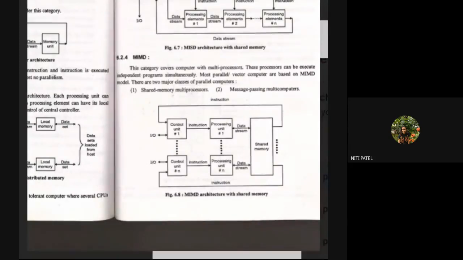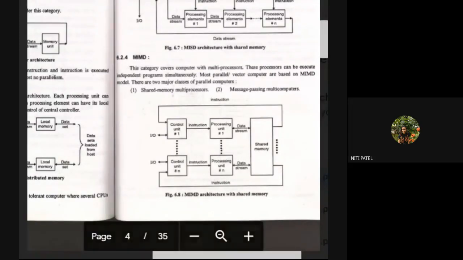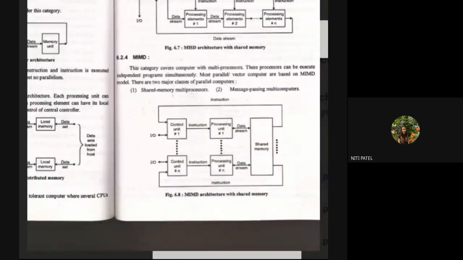So if you see in the diagram, first you are getting the instructions from the control unit. The instructions are passed to the processing unit. After the execution is done, your processing unit will put the data on the respective data stream. That data stream will put it on the shared memory as well as give it to the user as the output.